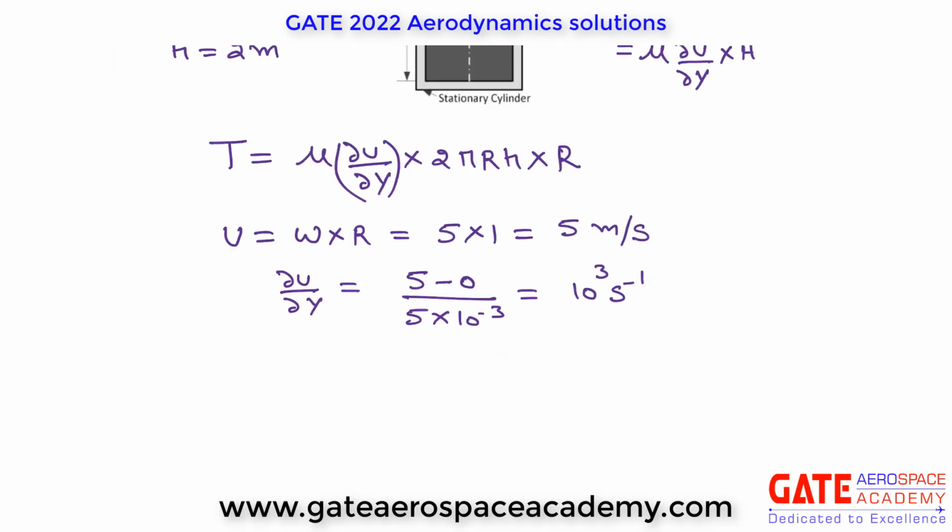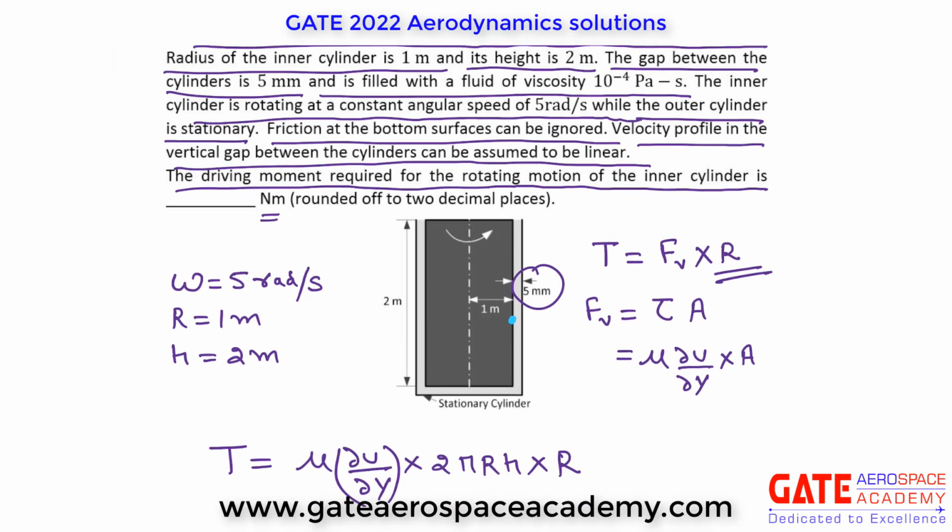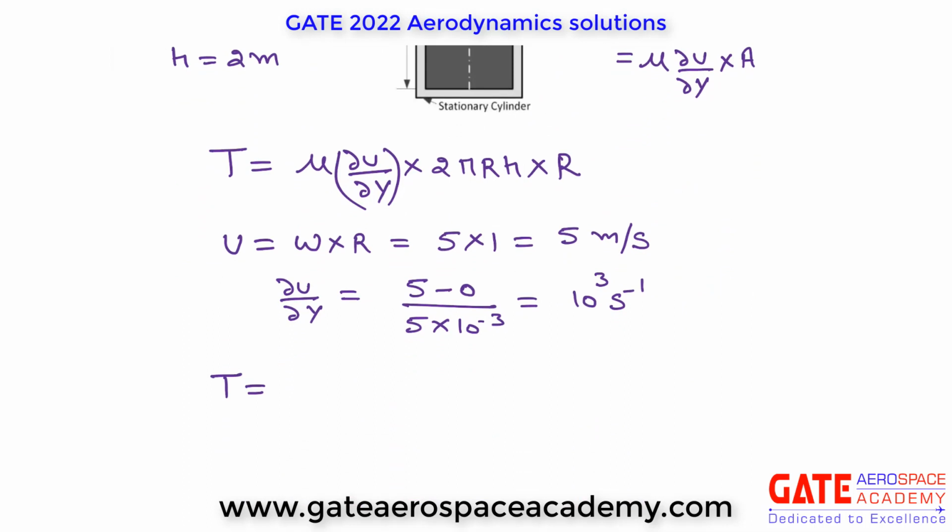Correct? Now we can substitute. Torque is equal to mu, that is here 10 raised to power minus 4 Pascal second, into 10 raised to 3, into 2 pi r h, 2 pi, r is 1, h is 2, into 1.